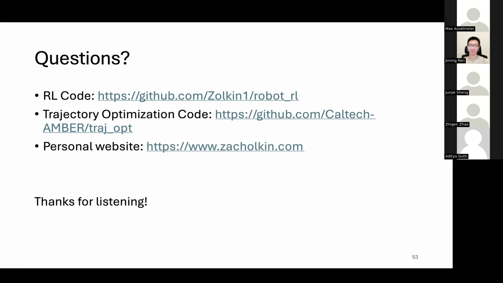Cool. I have another question. It's kind of a follow-up. For the first part of the talk, you added some payload to the G1, and then you compared the baseline controller and your CLF tracking RL, and it seems your method is more robust to the payload.